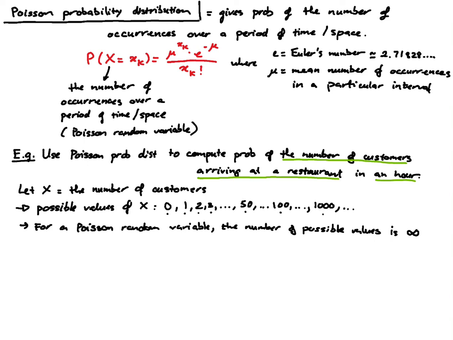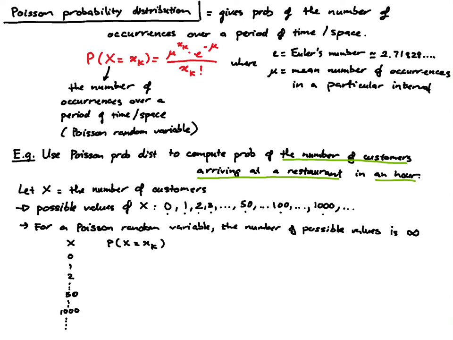So if you want to construct a probability distribution for a Poisson random variable, you have x, and then the probability that x is equal to x sub k. For x, you may have 0, 1, 2, 50, 1,000, and so on.